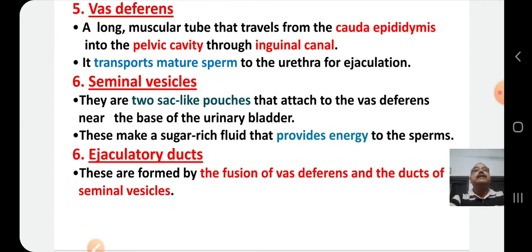There are 2 sac-like pouches that attach to the vas deferens near the base of the urinary bladder, called seminal vesicles. The duct of the seminal vesicles along with the vas deferens forms the ejaculatory duct.